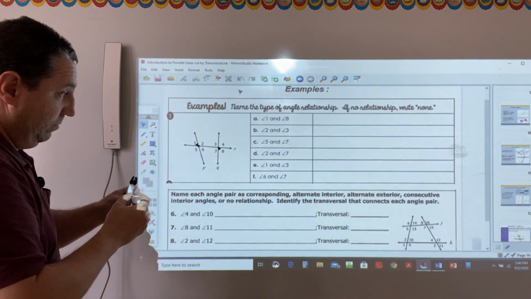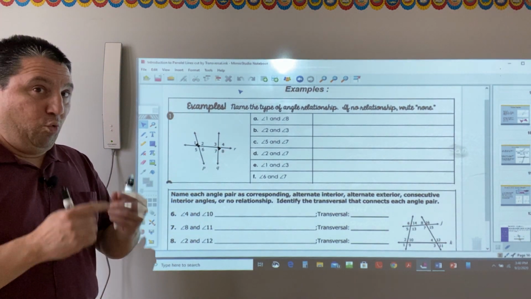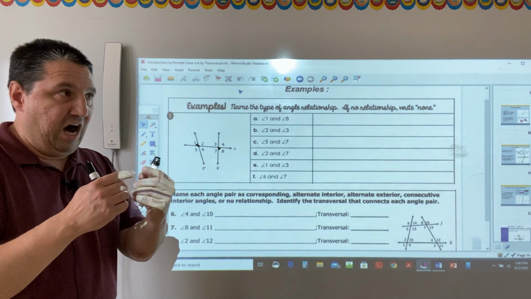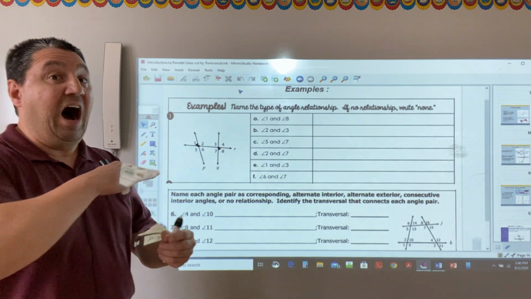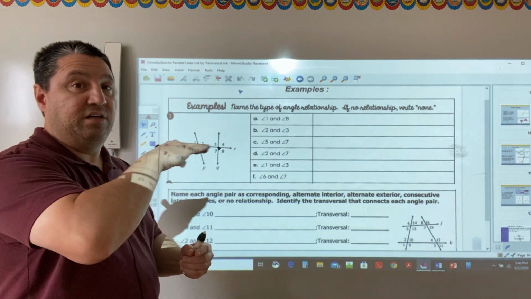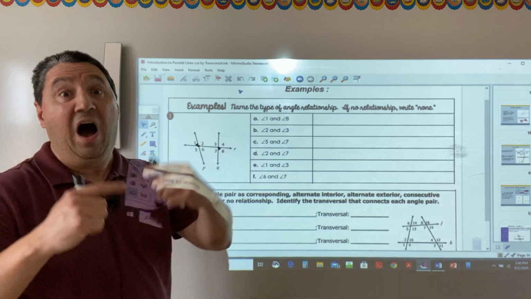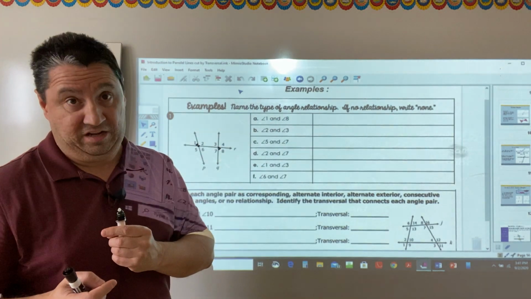Now, first, we have to decide if angles 1 and 8 are on the same side of the transversal or on opposite side of the transversal.